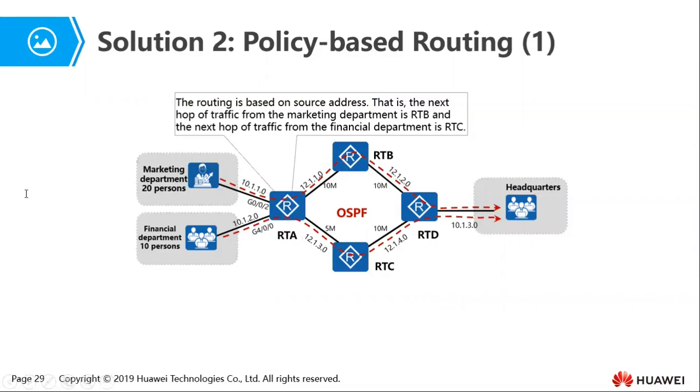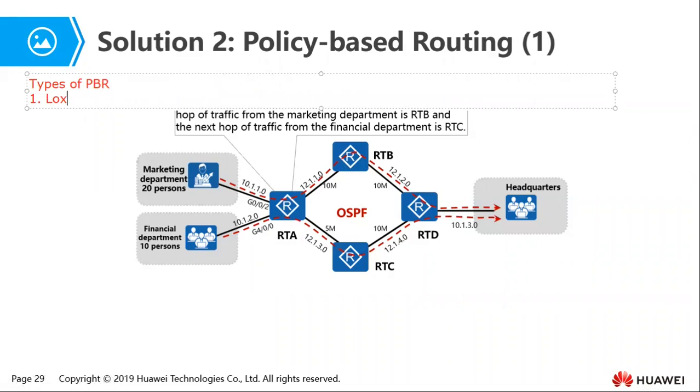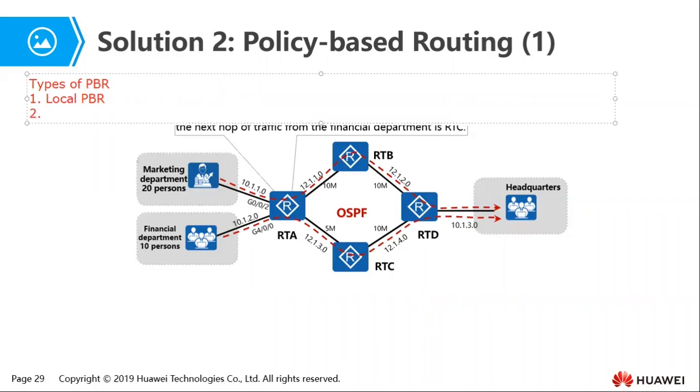Now, generally, we have several types of policy-based routing. One of them is called local PBR. Number two, we have what we call interface policy-based routing.